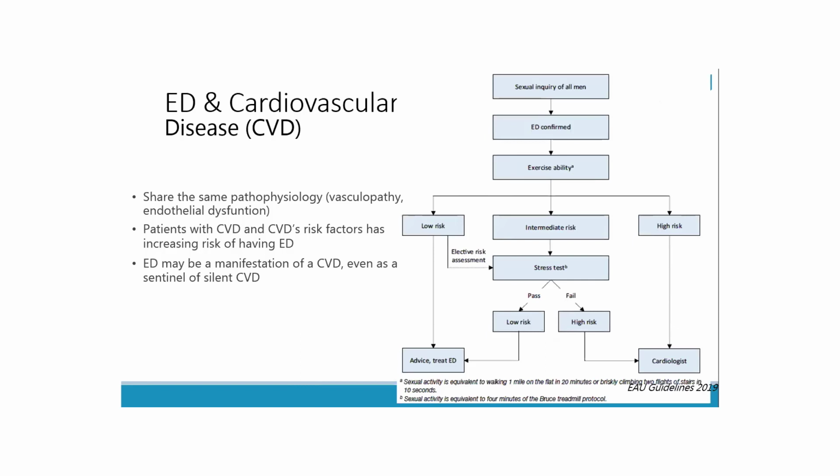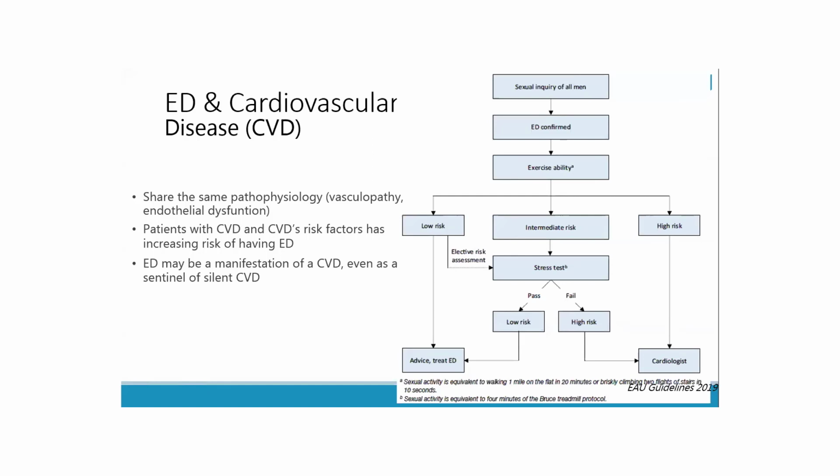So it's very important to assess their cardiac status, because once you assess it, you will know their exercise ability. We hear a lot of the time that the patient took a PDE5 inhibitor, went to the emergency room, and had a heart attack.